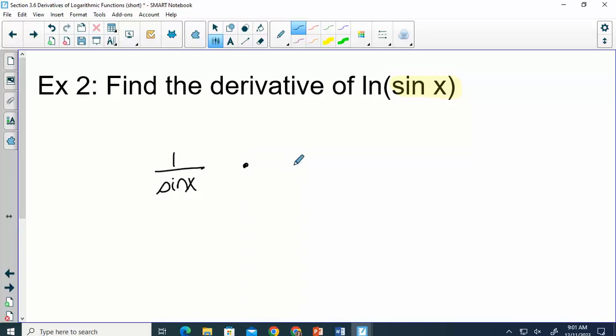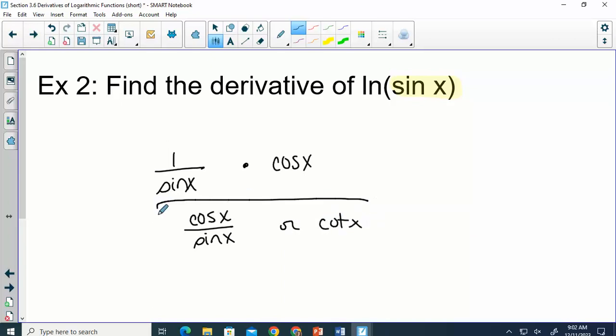So what's the derivative of sine? Or, what is cosine over sine? This seems so nice and pretty after the last section.